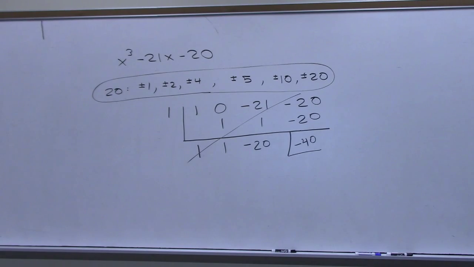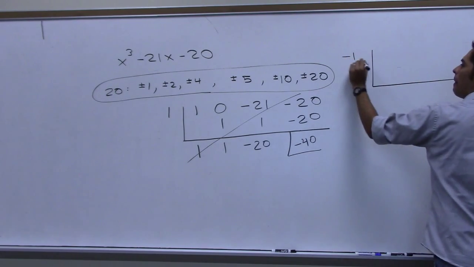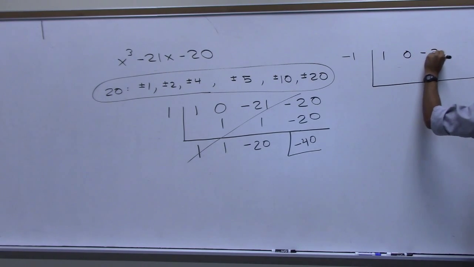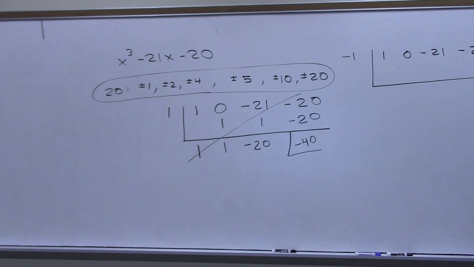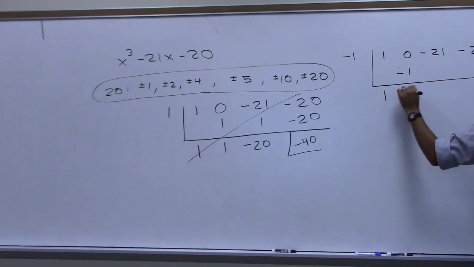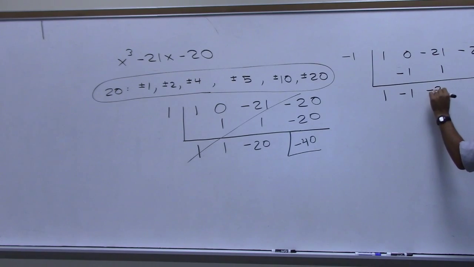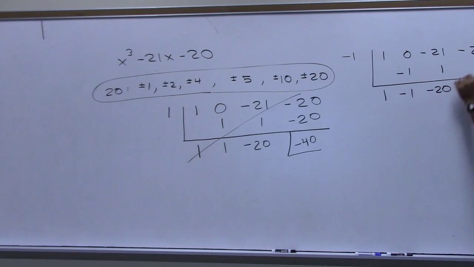It does work? So we drop down, we've got 1. Negative 1 is negative 1. Negative 1 and negative 1 is 1. That's negative 20. Negative 1 and negative 20 is positive 20. Remainder of 0.